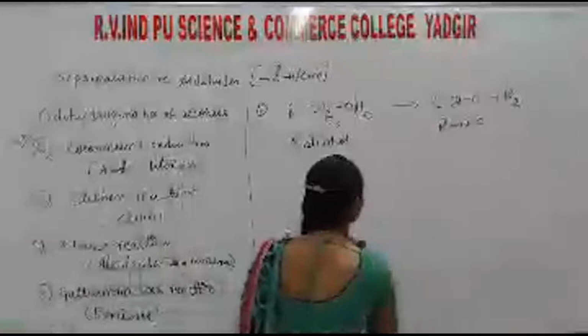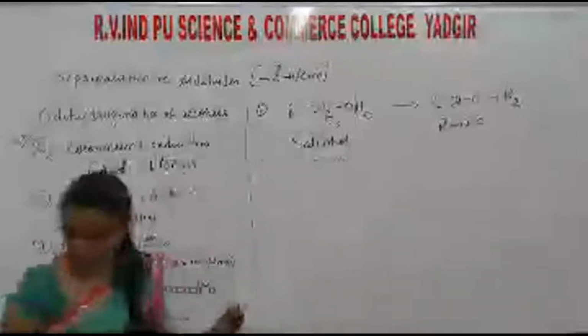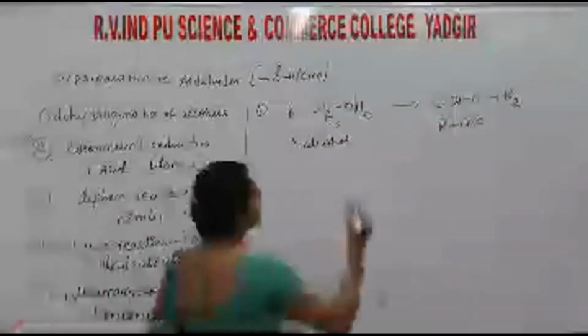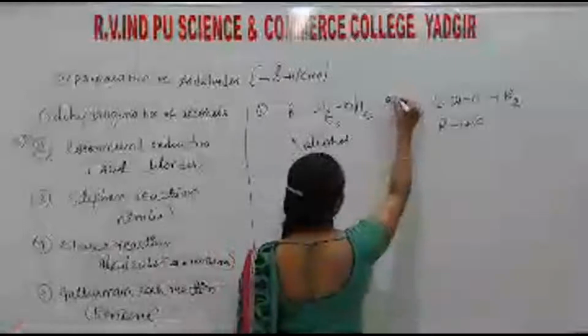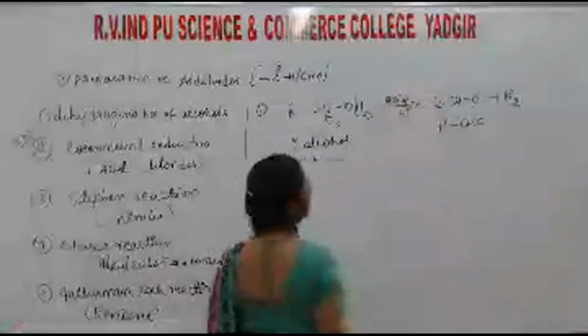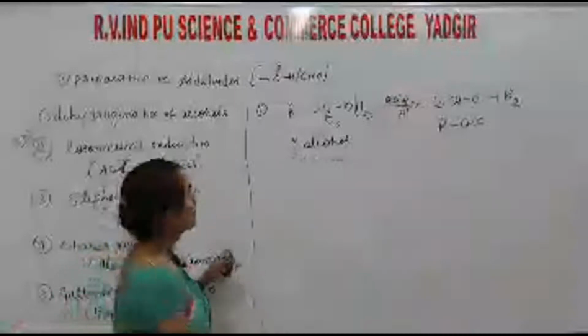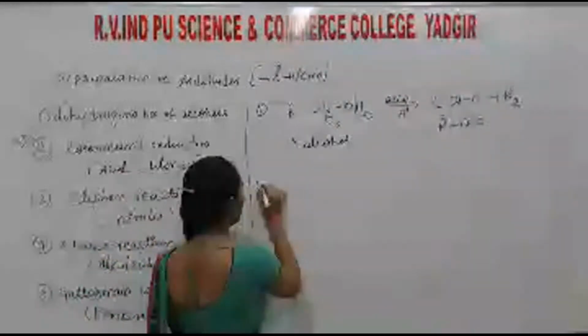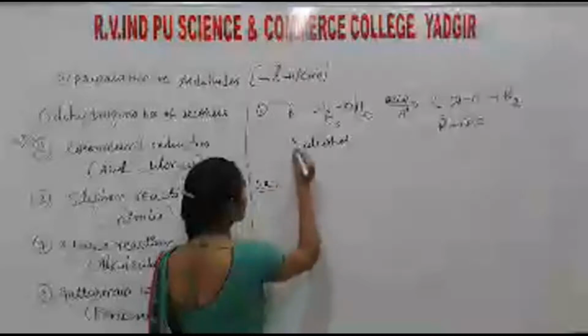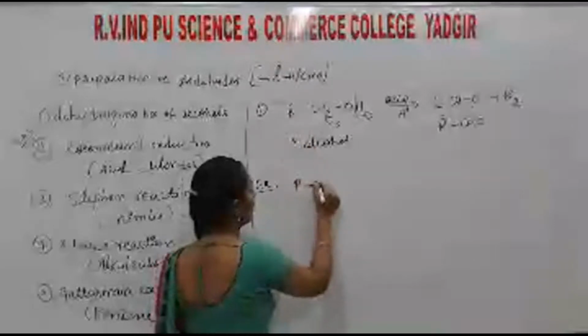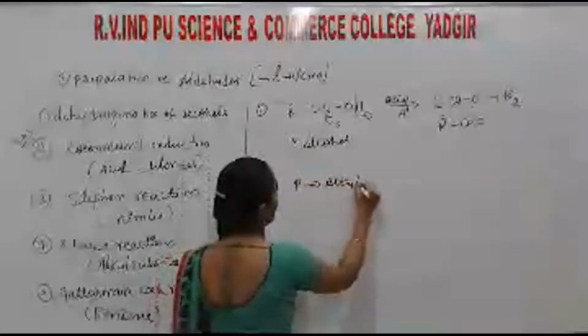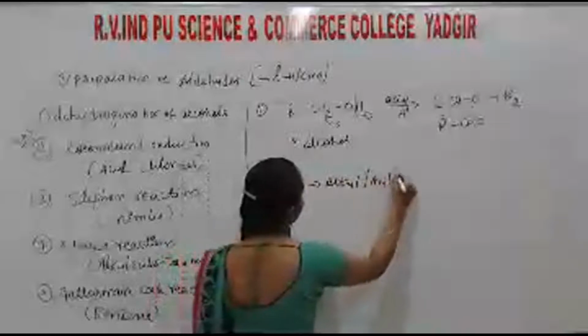So upon dehydrogenation, they give aldehyde. For dehydrogenation, we are using acids, H+. Okay. So next. For example, you can replace R by any alkyl or aryl group.